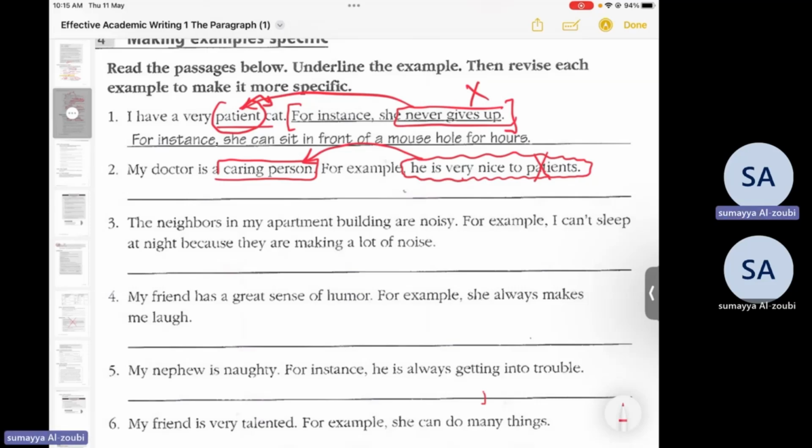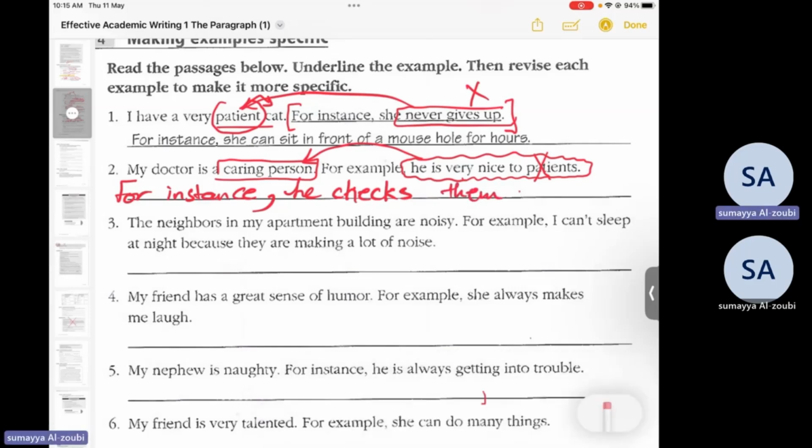Yes, Hala. Just a moment. For example, or for instance, you would like to use. Okay, for instance, he checks them. Wonderful. He checks them. Who's them?